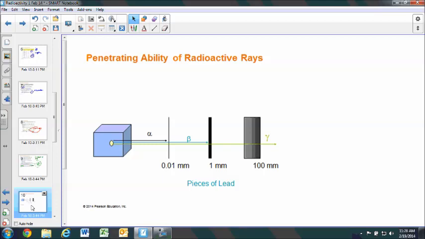If you have a very thin layer of lead, about 0.01 millimeter, like a paper-thin layer, you can stop the alpha particles. Even clothing can stop alpha particles. But if you get alpha particles in your skin, they do a lot of damage because they are very heavy and very highly ionizing. Very small penetration with high damage.